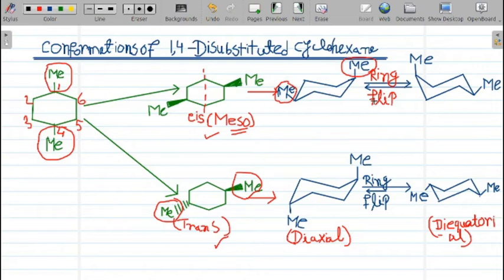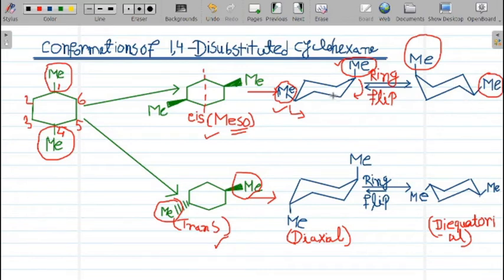If the ring flip occurs, we get the same kind of conformation. Through the ring flip, this equatorial methyl group goes to the axial position, and this axial methyl group goes to the equatorial position.